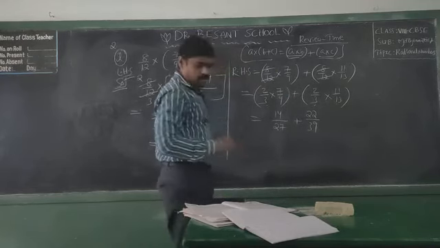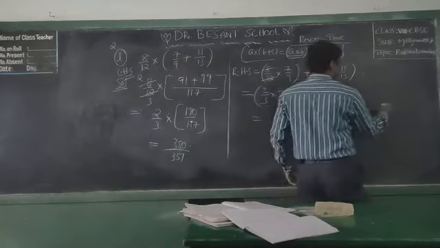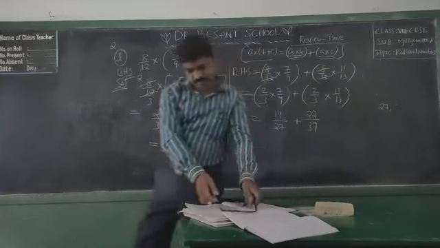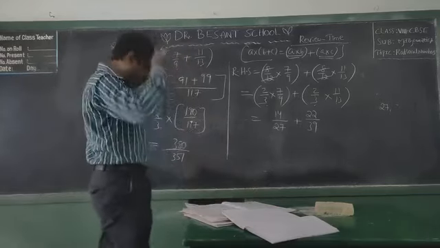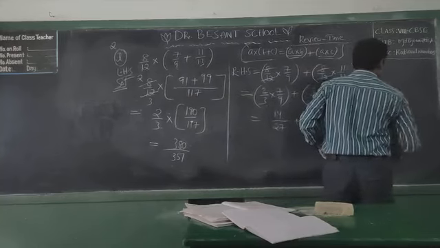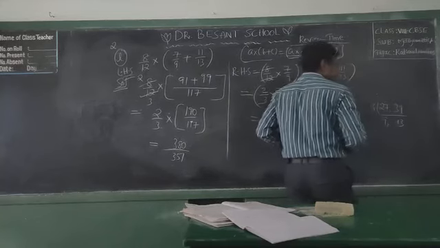Okay, next. See, the LCM of 27 and 39. 27 is 3 times 9, 39 is 3 times 13.